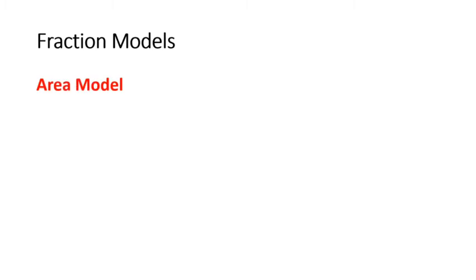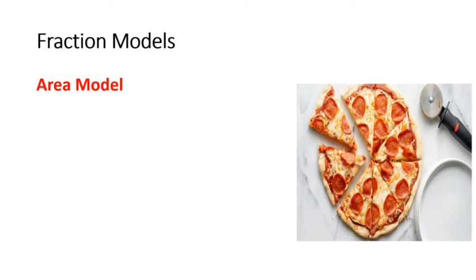Let us look at the area model. As the name suggests, this involves the use of area. Here, fractions are used to represent area of two-dimensional objects. Take for example, if I had this pizza.